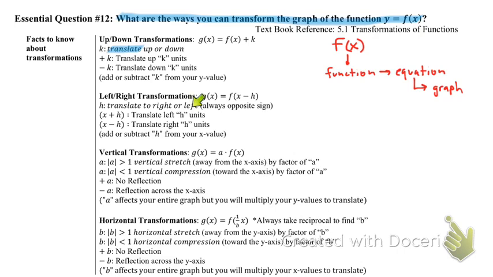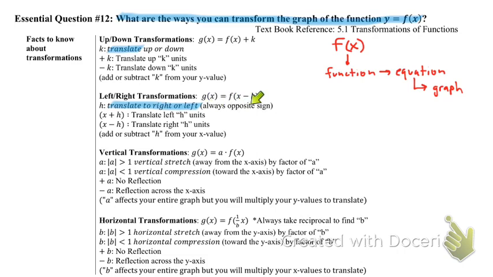The next way of transforming it is by translating it left or right. So we can move it left or right, and when this happens, we are going to add or subtract a number, and this number is going to be inside parentheses.